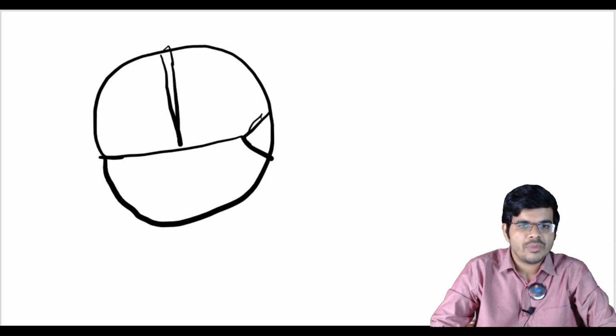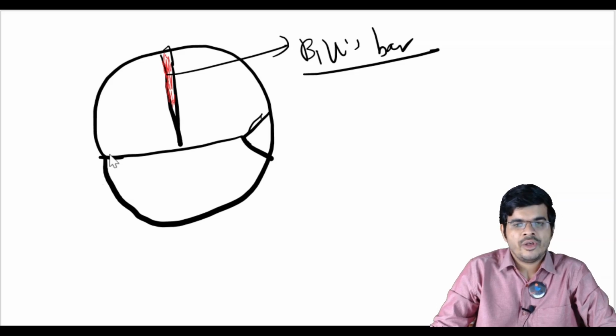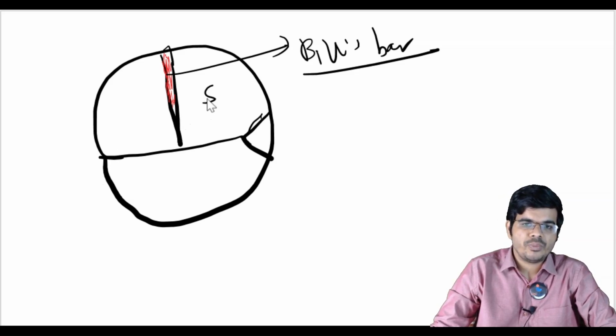This is the Bill's bar. Now, what are the structures seen within this? Superiorly towards posterior, you have the superior vestibular nerve and the inferior vestibular nerve.